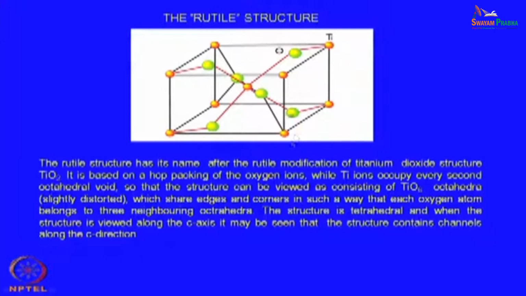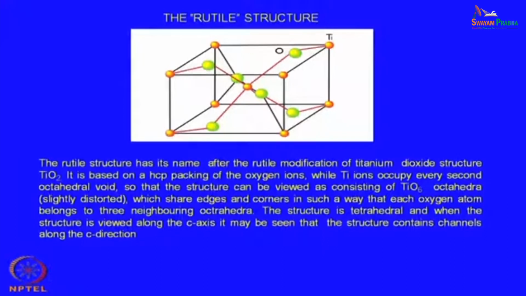Rest of the description is not that important, except that it has a tetragonal symmetry, and titanium has an octahedral coordination. Okay. So, most of the time it is not the symmetry only which is important, particularly for complex oxides. You will find symmetry is not always very important.